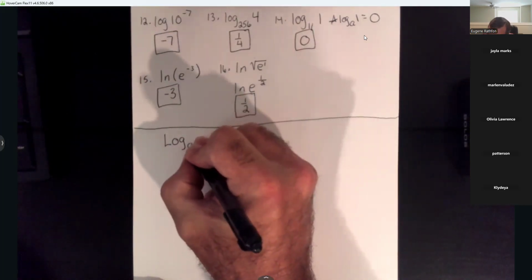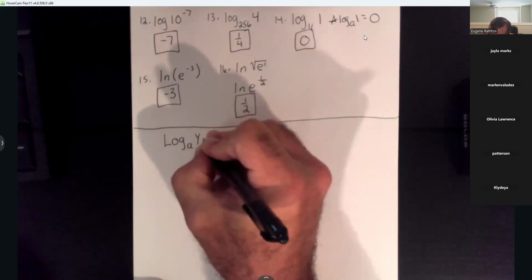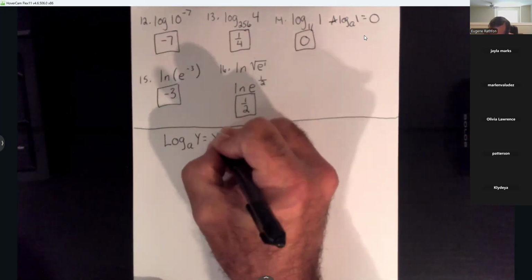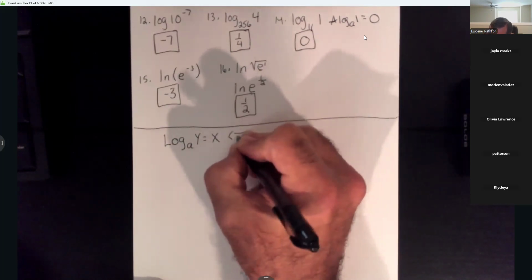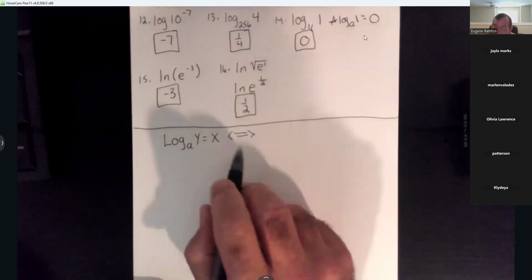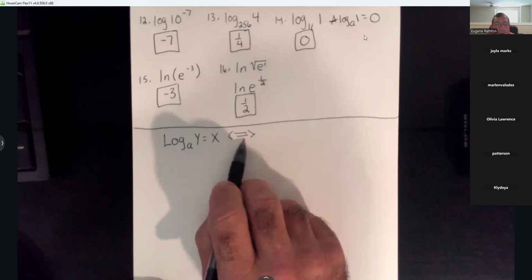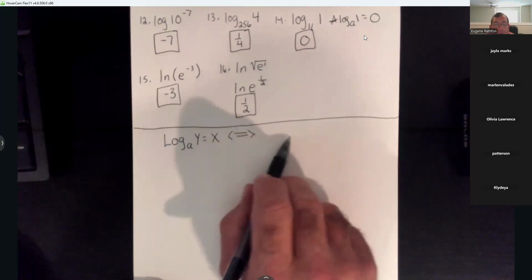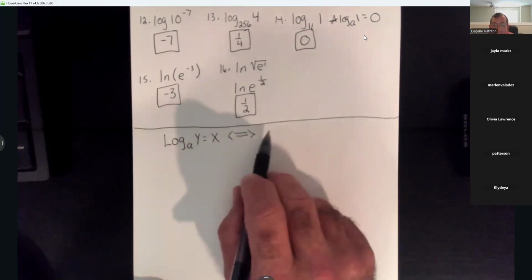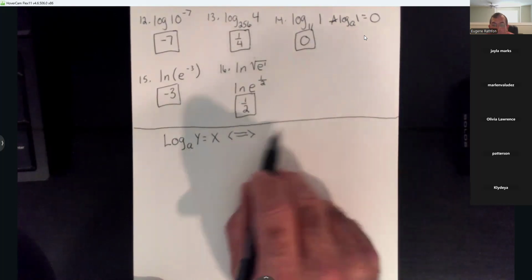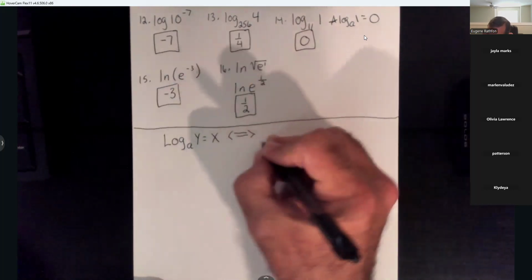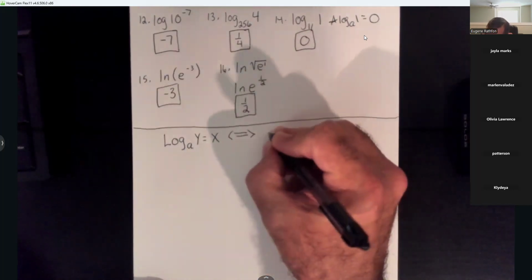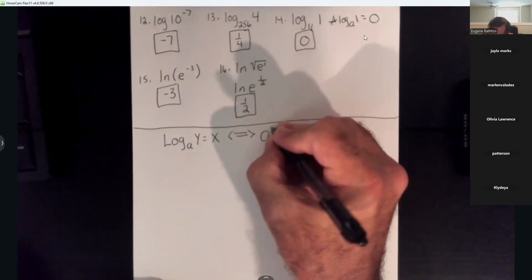Log base a of y equals x. And then I'm going to use a double-sided arrow. This means this can go either way. I can convert from this to exponential, or I can convert from exponential to logarithmic. So this equals a to the x.